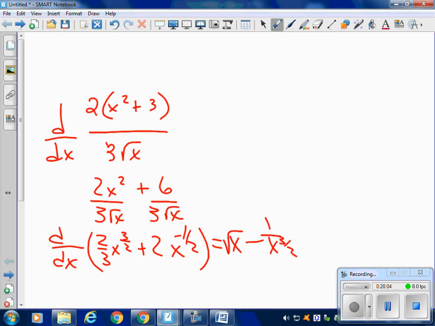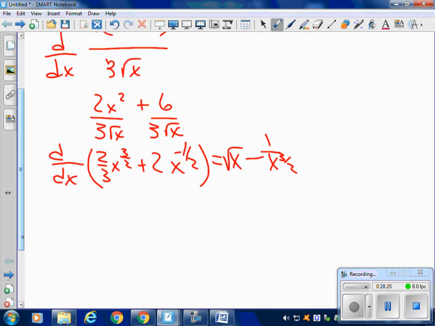So that would be on the bottom. Is that what the original problem was? Or do I need to do more? It says it was (x squared minus 1) over x cubed. Okay, so I need a common denominator then. So it sounds like that it was all over one denominator, which is an indication that you need a common denominator.